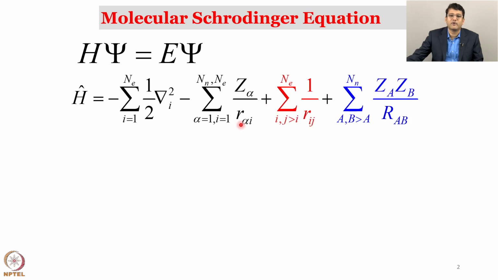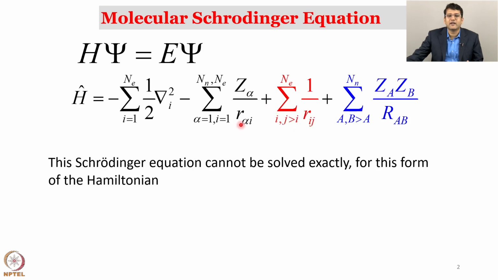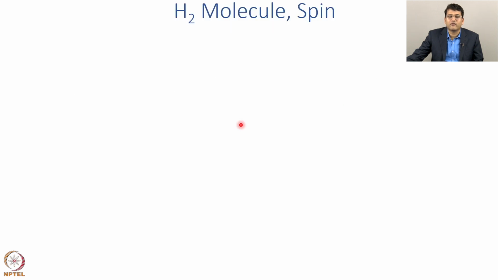So one needs to take some kind of approximation, and before taking any approximation, just remember there are three kinds of approximations possible. One is variational, second is perturbational, and third is via projection techniques. We are going to see all of this when we derive the electron correlation methods. But for Hartree-Fock molecular orbital theory, we are just going to use the theory of variation.